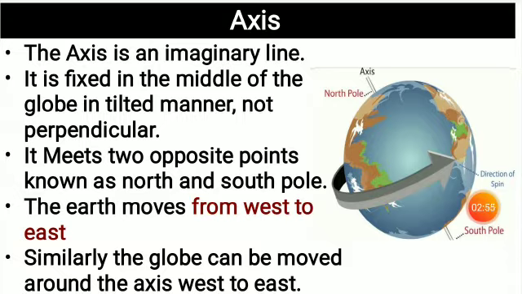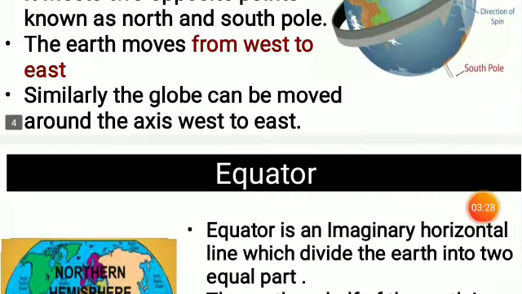If you see this figure or diagram, you will find that the earth's axis passes through the middle of the earth in a tilted manner and meets two opposite points, that is the north pole and the south pole. Students, you know the earth moves from west to east. Similarly, the globe can be moved around the axis from west to east.